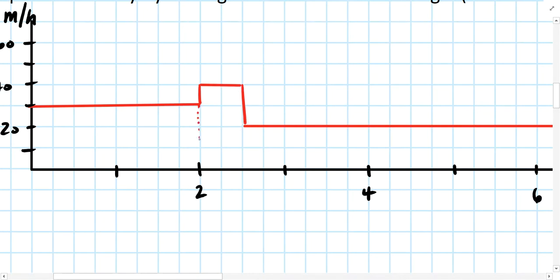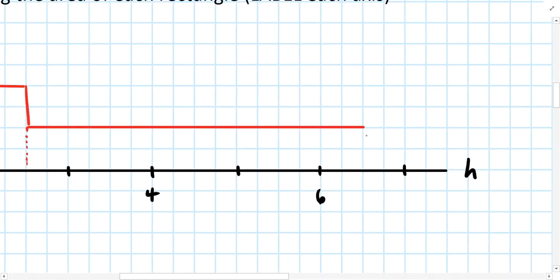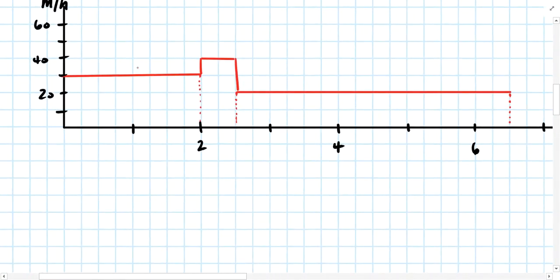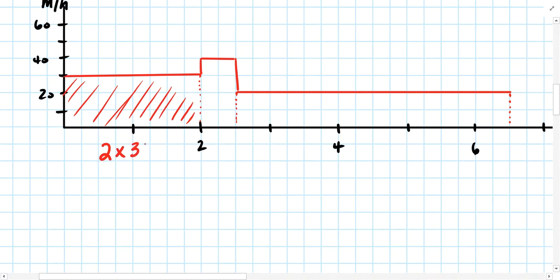The question at hand, though, is does the area under this line still represent a total of 160? And hopefully you recognize that it does. This particular rectangle is 2 hours wide, so we've got 2 hours by 30 miles per hour tall. Well, that's 60.